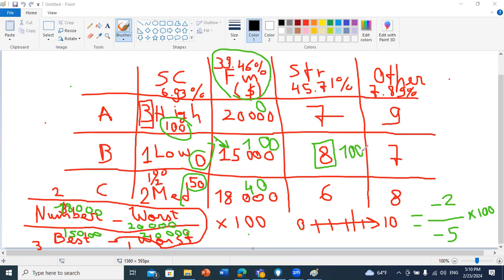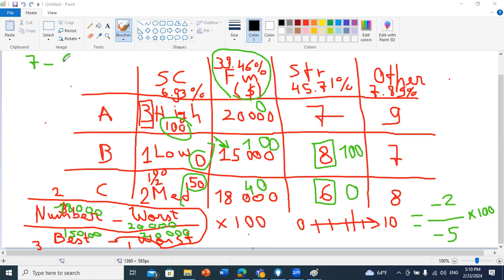And the lowest score is for the worst option. The score is 6. So here 6 will represent a grade of 0. And now 7, which is in between, we need to calculate the corresponding score. So we do 7, the number that we have, minus the number for the worst case, which is 6.